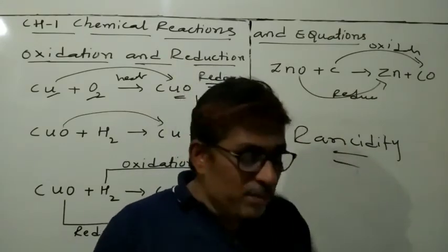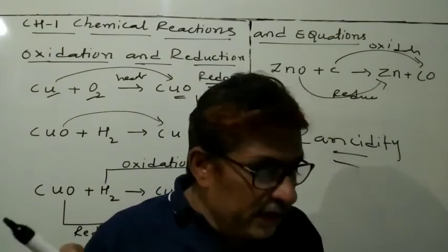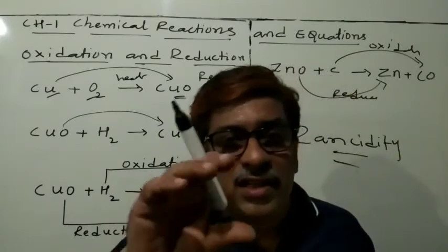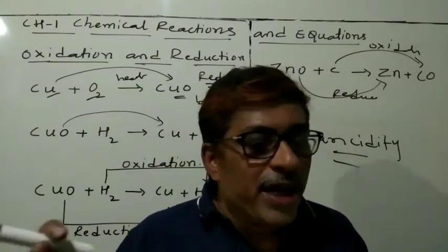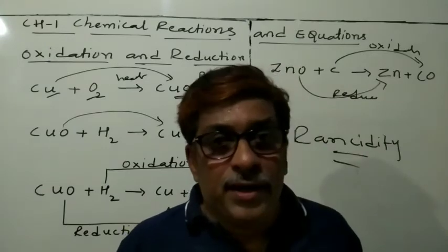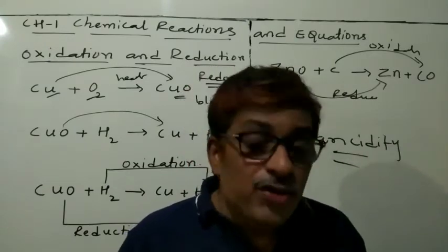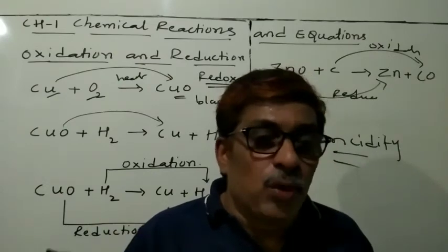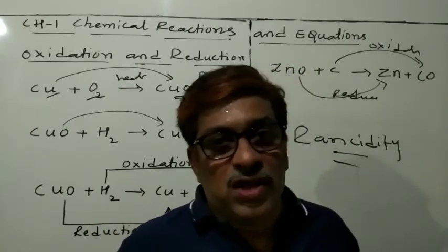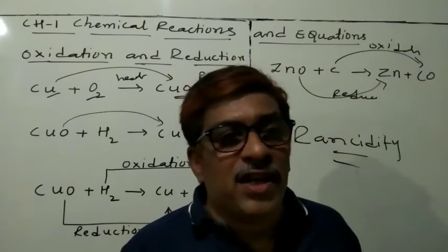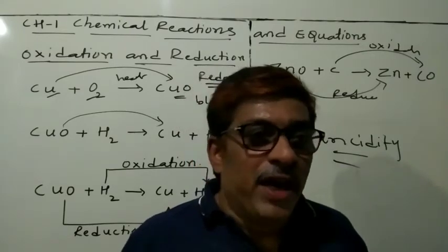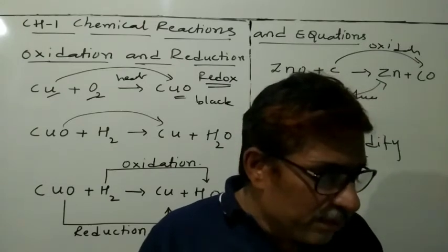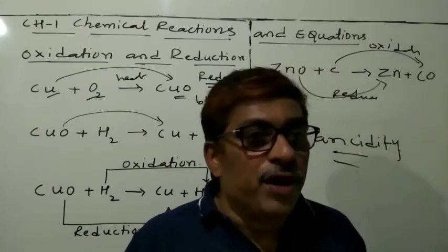Corrosion means that whenever any article, iron or metal, is attacked by moisture or acid, its surface becomes corroded, and the process is called corrosion. Examples are rusting of iron, black coating of silver, and green coating of copper.